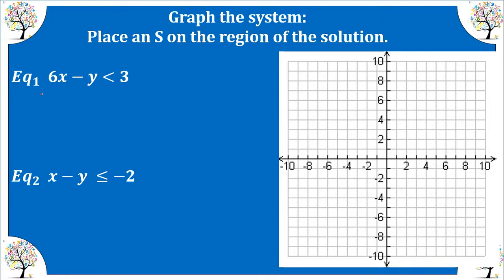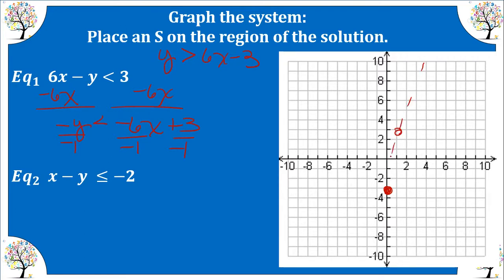Let's solve for y. Subtract 6x minus 6x. Bring down my negative y. So be careful here. We're going to be dividing by -1, which is going to reverse our inequality. So I get y is greater than positive 6x minus 3. Let's start out at 0, -3, and up 1, 2, 3, 4, 5, 6.